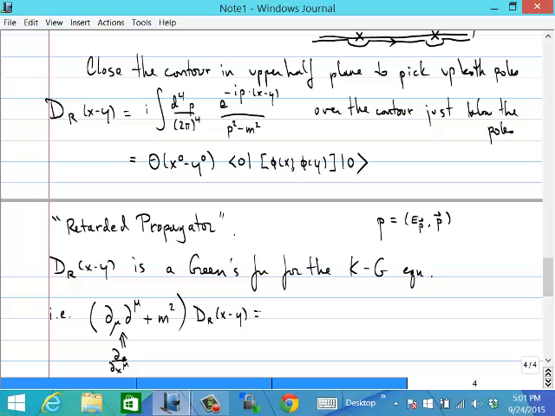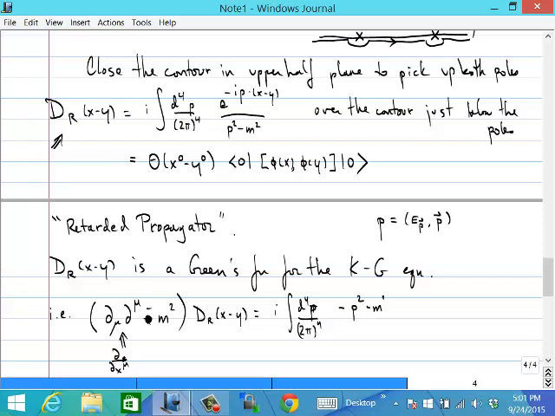So what is that? Well, let's use this lovely formula that we just derived up here. So it's i times the integral d4p over 2 pi to the 4th. And when you hit the derivative on an e to the ip dot x minus y, what do you get? Every time you have a derivative, you bring down a factor of ip. So you get minus p squared. Okay, did I get the Klein-Gordon equation wrong? There's a minus here, right? I always forget. Yes, because that's the signature I'm working in. Sorry about that.